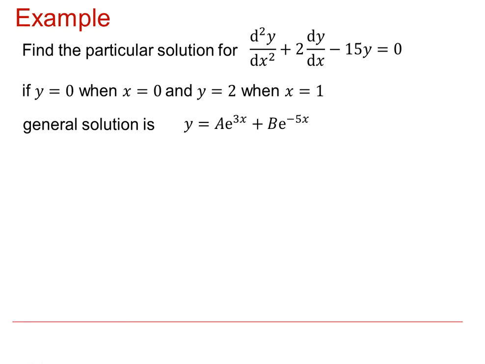Using the same example as in previous videos, d2y by dx squared plus 2 dy by dx minus 15y equals 0, and boundary conditions that y equals 0 when x equals 0 and y equals 2 when x equals 1, we're substituting in those values.